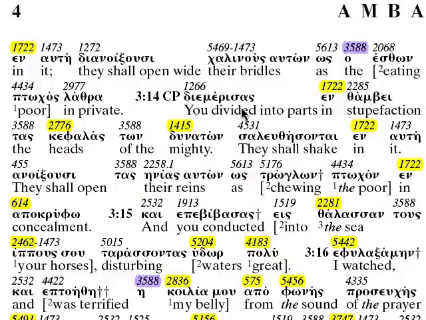And here it's you divided into parts in stupefaction, the heads, the kephalas of the thinaton, the mighty. And here's salefthesonte instead of the other one had to do with seismic, shaking. They shall shake in it. They shall open their reins as the poor chewing in concealment. Now, the mighty people are going to be shaken, and basically that's what it's saying. And then things are going to be happening.